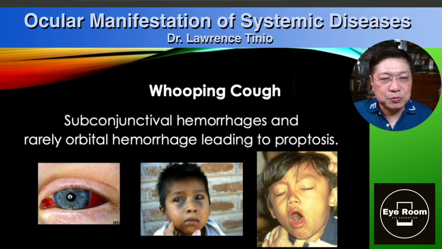The picture in the middle would show that the bleeding in the conjunctiva is not just in the eyes, it has already infiltrated into the eyelids. And usually it's because of the pressure exerted by the patient's very, very loud and forceful coughs.